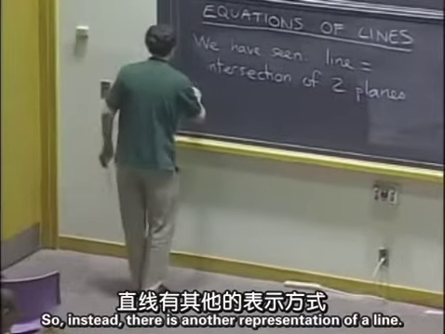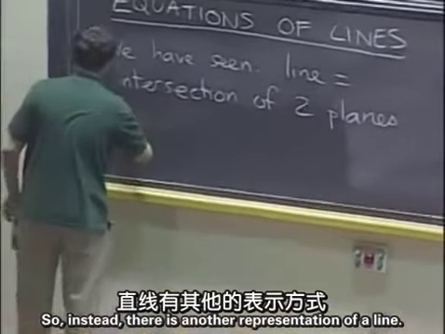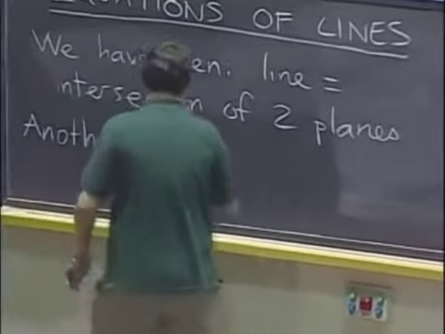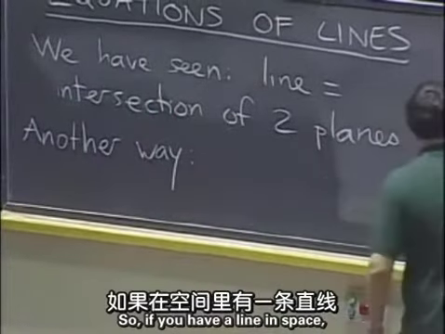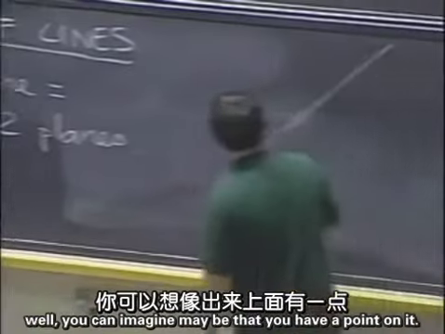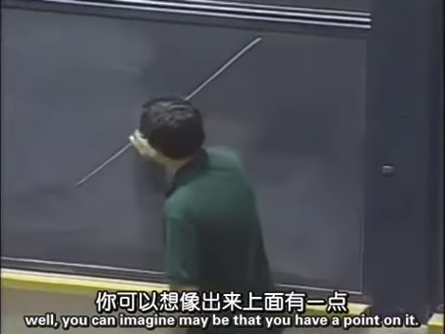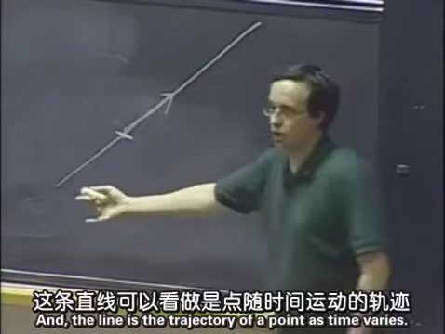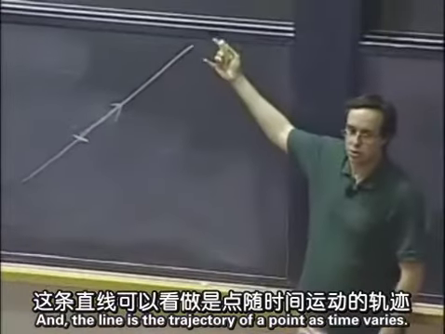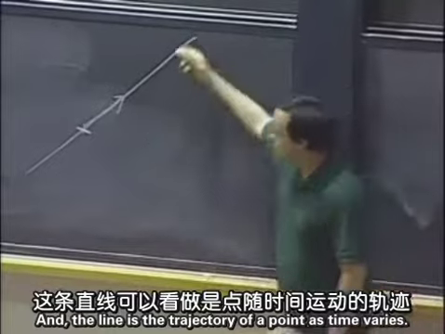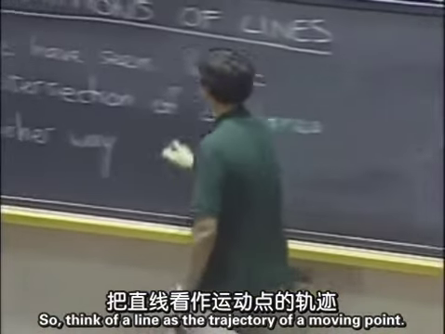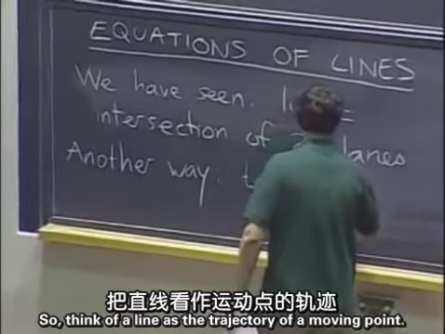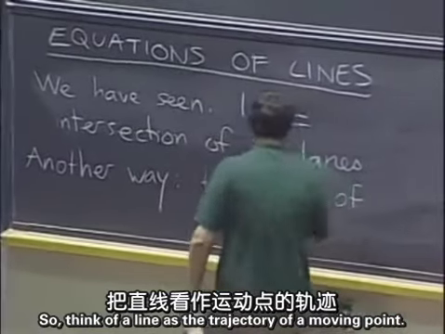So instead, there's another representation of a line. If you have a line in space, you can imagine that you have a point on it, and that point is moving in time, and the line is the trajectory of the point as time varies. So think of a line as the trajectory of a moving point.